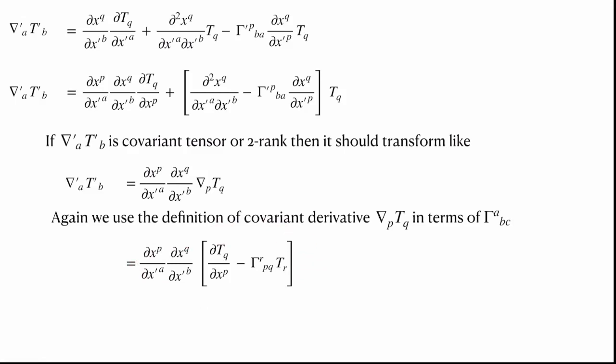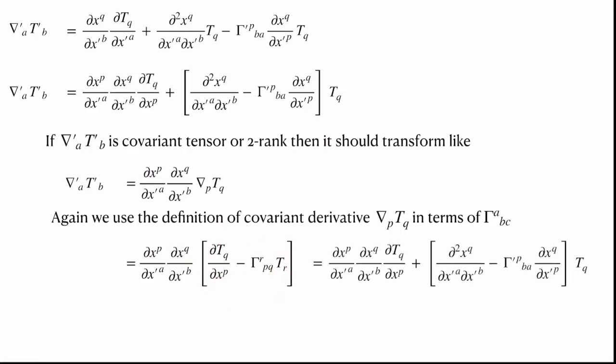That would be the first two terms are the transformation from x prime to x, and the second is the definition of the covariant differentiation itself in the x coordinate system. Now that has to be equal to the one which we transformed from the x prime system. So now these two have to be equal if our derivative operator is a covariant derivative.